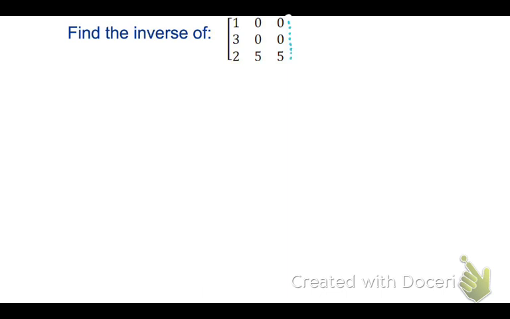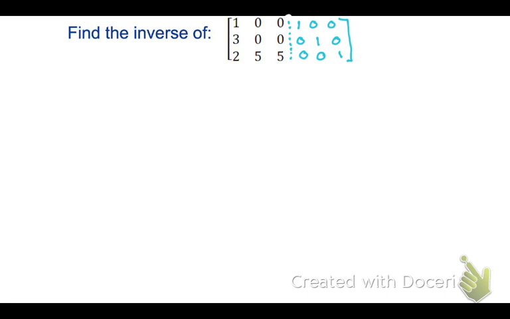I'm doing this because I will not have room. And what is the identity of a 3 by 3 matrix? 1 0 0, 0 1 0, 0 0 1. Yep. And then we just go to town, right?